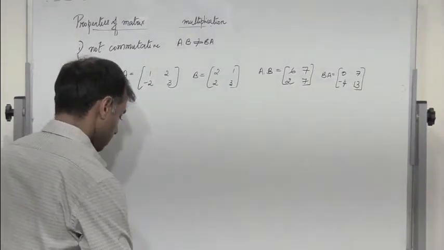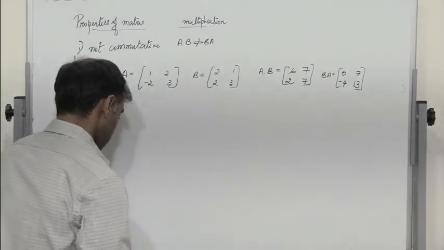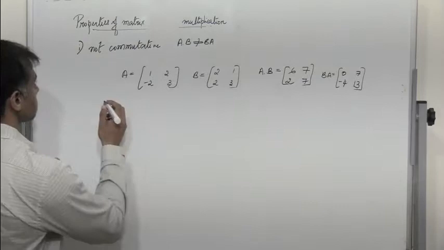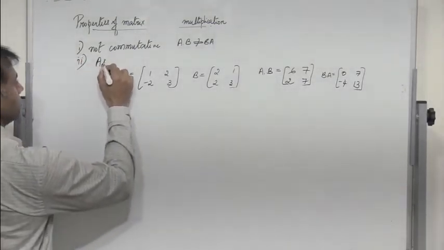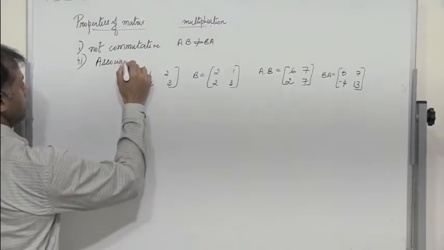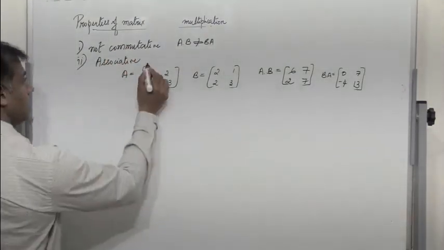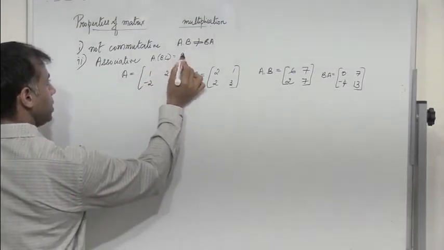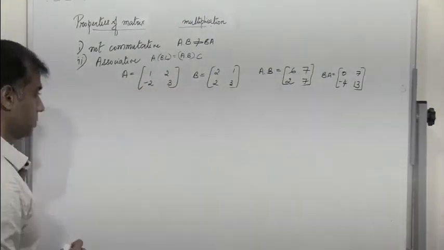Now what is the second property? The second property states that matrix multiplication is associative. So what does this mean? This means (A into B) into C is definitely equal to A into (B into C).